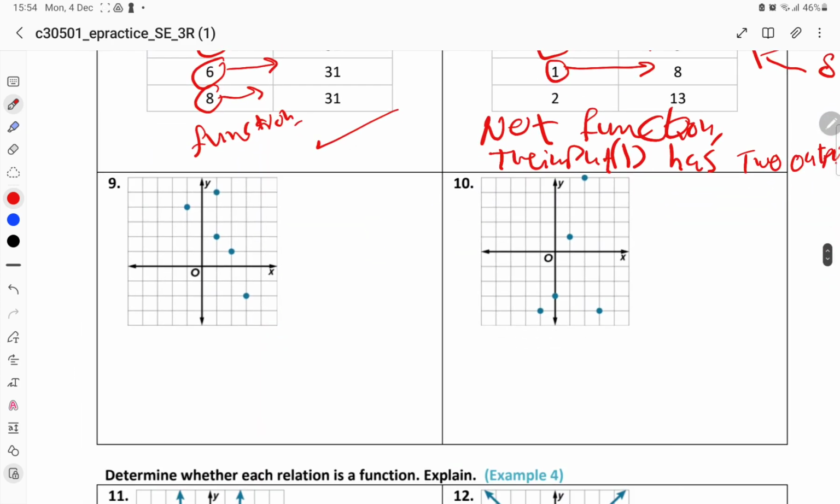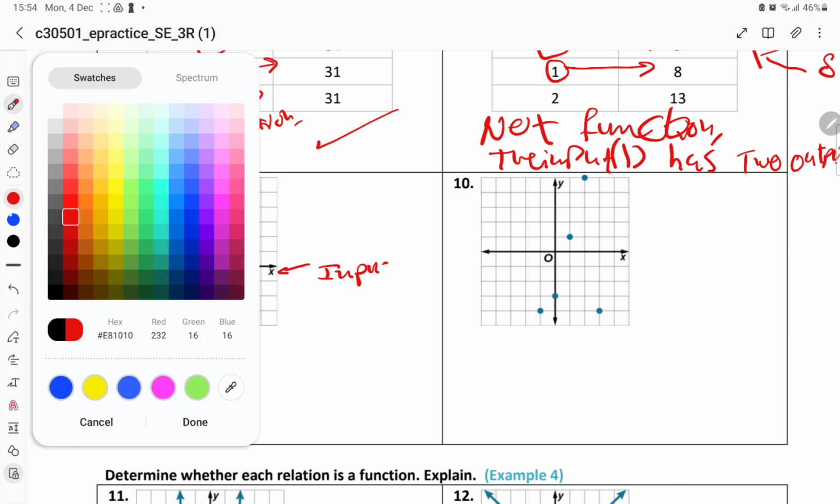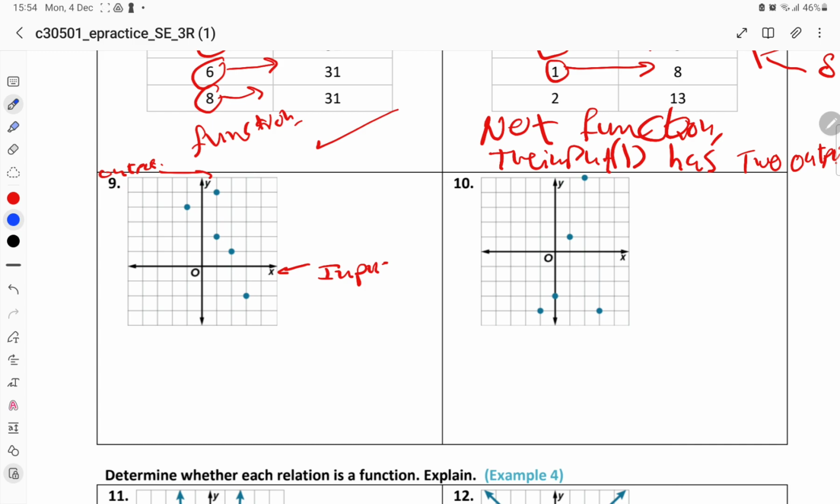In this type of graphs, how do we tell if it's a function or not? Again, x here is the input and y here is the output. Generally in graphs we use something called the vertical line test. We imagine a line. It has one output here. Imagine a line here, one output.